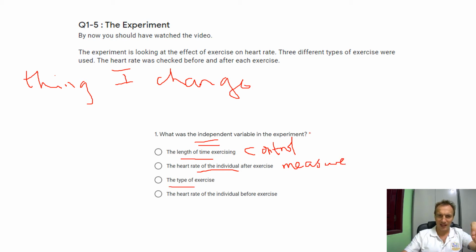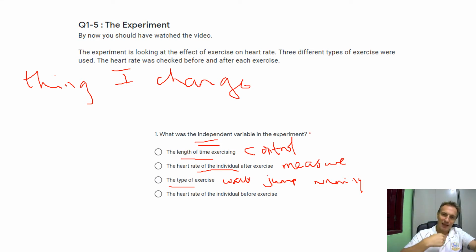The type of exercise? Well, the type of exercise was the same. Was it? No. Okay, we had 3 types of exercise. We had walking, we had jumping, and we had running. I said, now we walk. I said, now we jump.